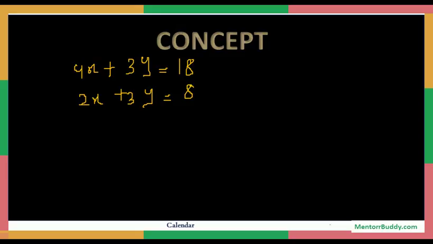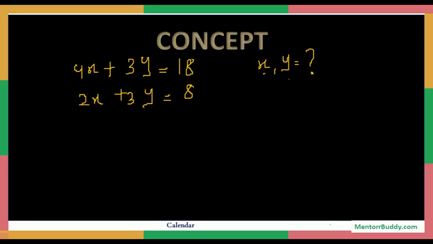One of the equations is, let's say, 4x plus 3y is equal to 18, and another is, let's say, 2x plus 3y is equal to 8, and we need to figure out the value of x and y. So when two linear equations and two unknowns, that is x and y, are given, we can solve them simultaneously and get the respective values of x and y.